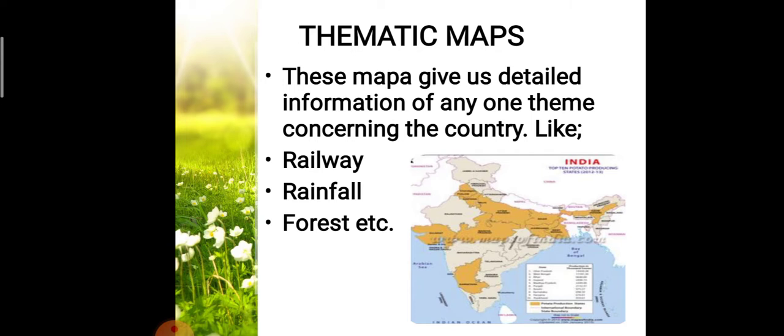A thematic map is designed to show the distribution of human or natural features or data. The information may or may not be related to geography. It may be related to anything. Thematic maps are called so because they show features relating to a particular theme or concept of geography. I hope you understood thematic maps.